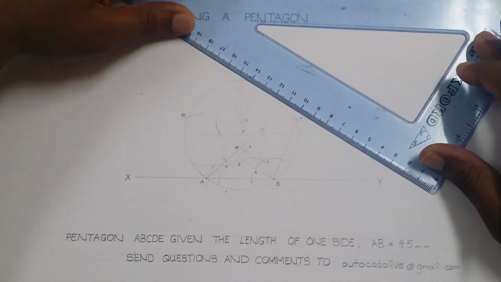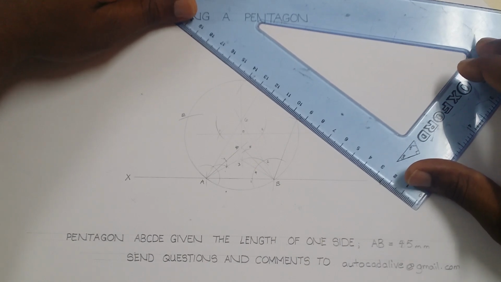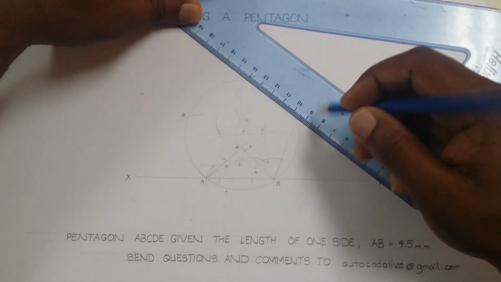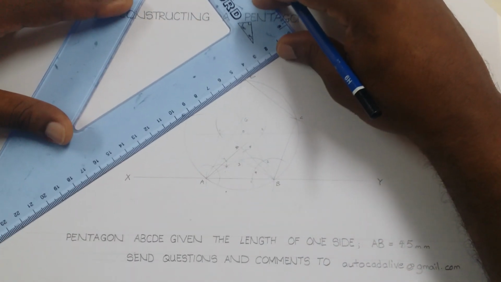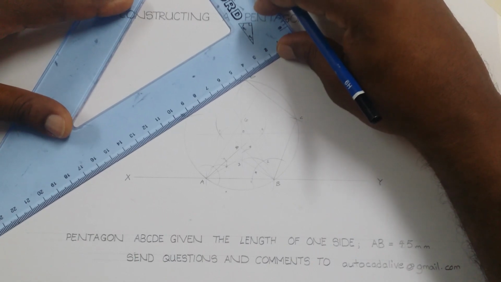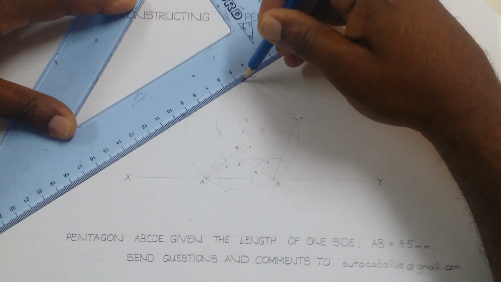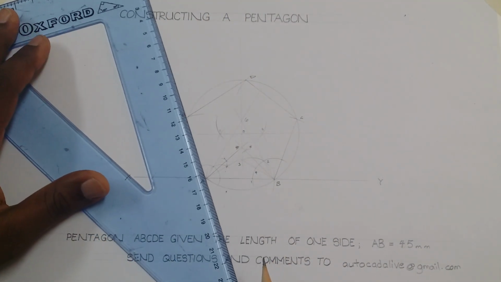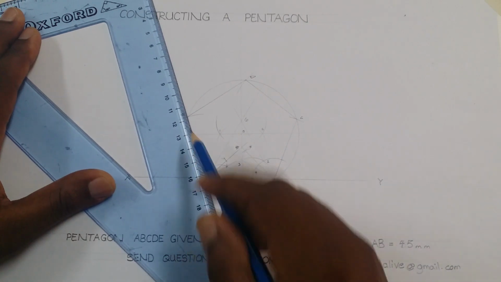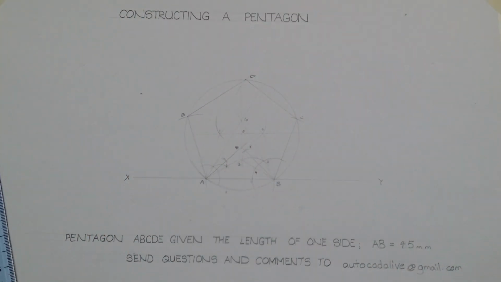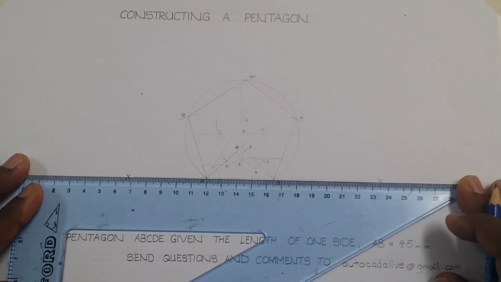Join B to C. We join C to D. We join D to E, and then we go back and join E to A. And this right here should be our regular pentagon of sides A, B, C, D, E, 45 millimeters in length.